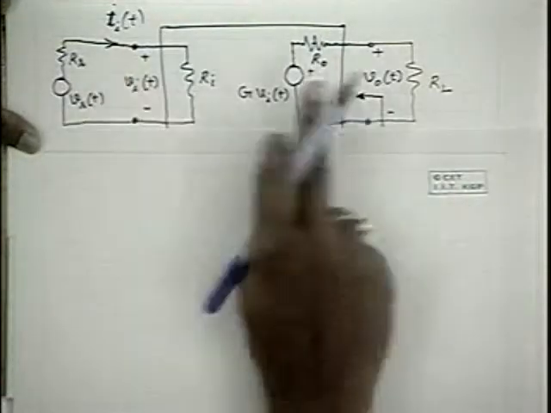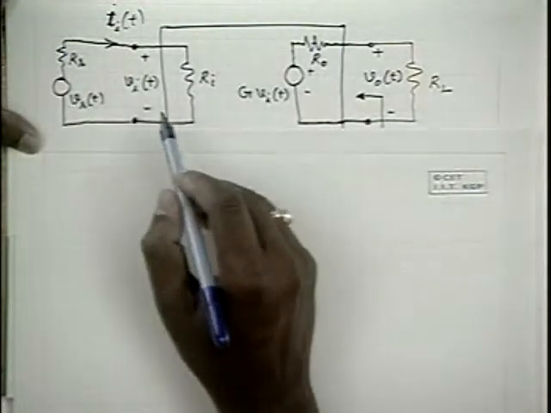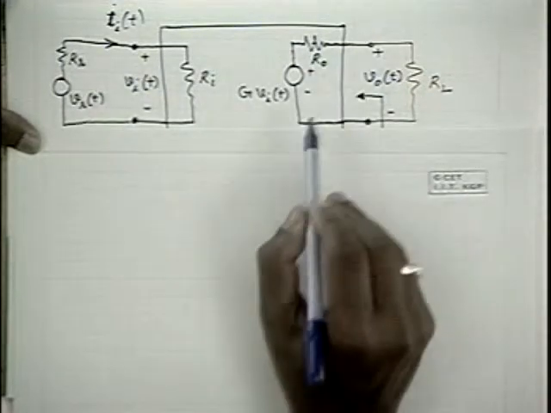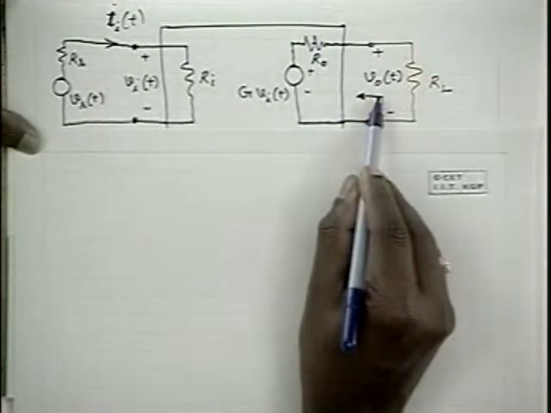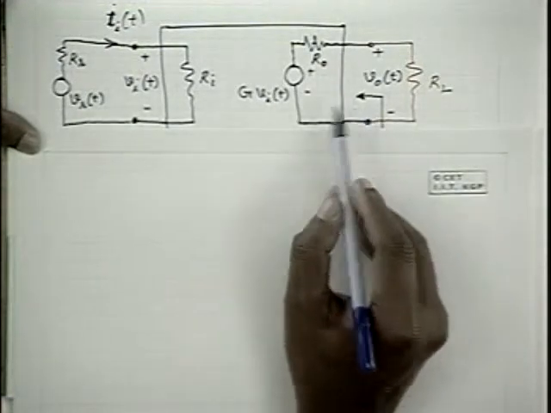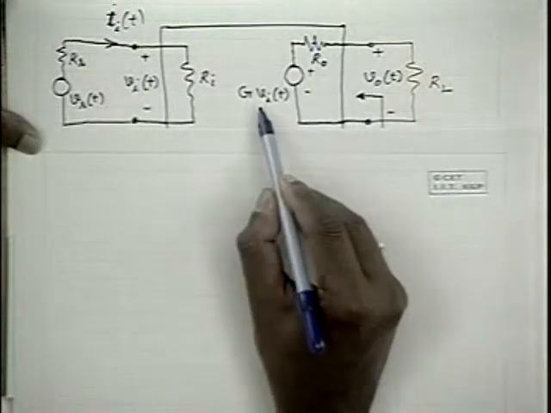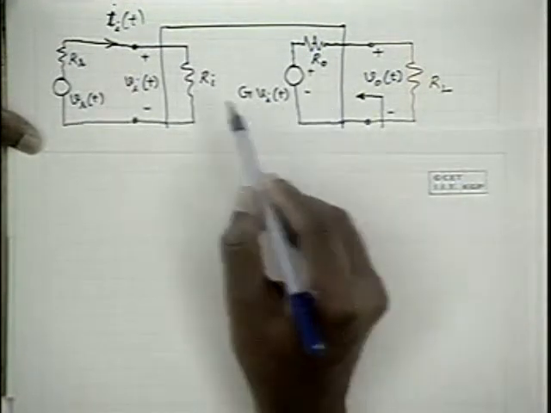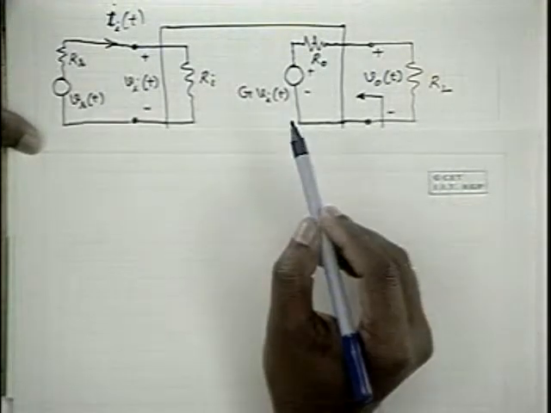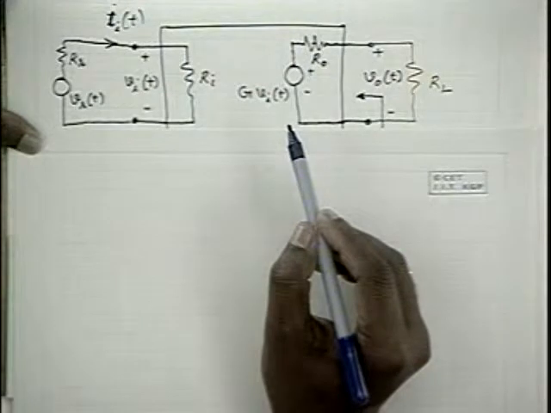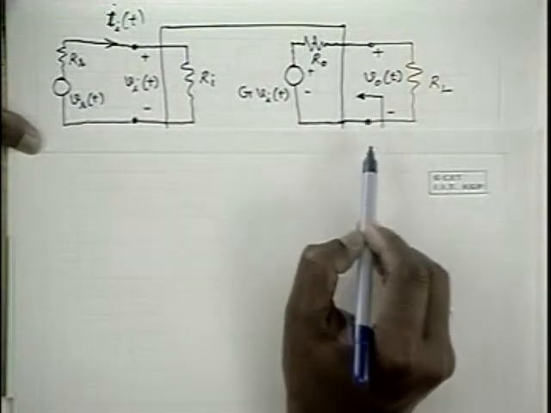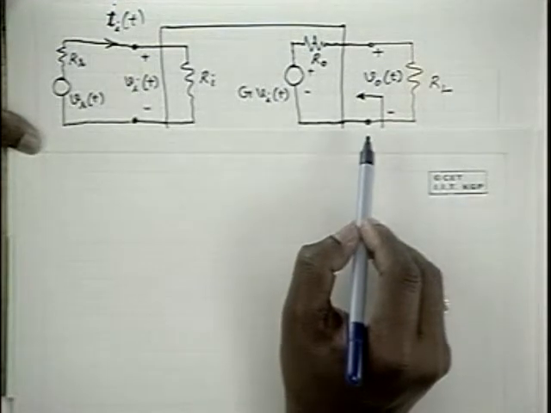Now, under open circuit conditions, if VIT is the input voltage and the output is open circuited, what is the voltage gain? When the output is open circuited, the output voltage V0 is equal to G VIT. Input voltage is VIT. Therefore, the amplifier acts like an amplifier with gain equal to G, when you consider the input voltage and output of the amplifier under open circuit.